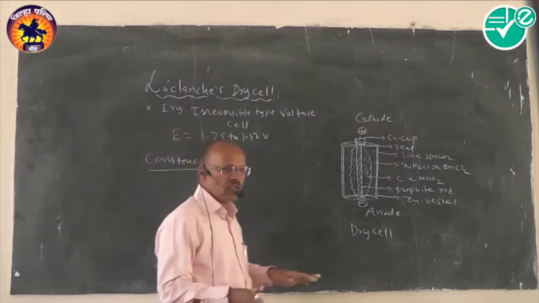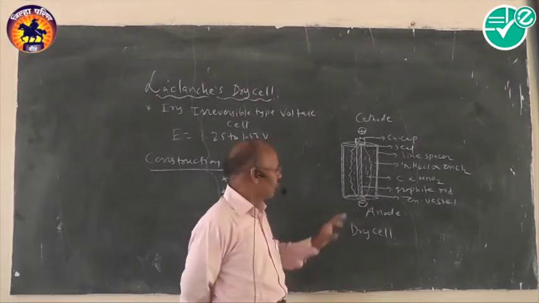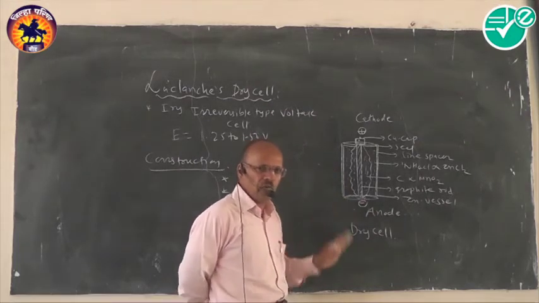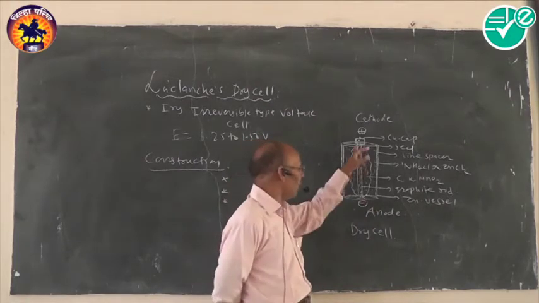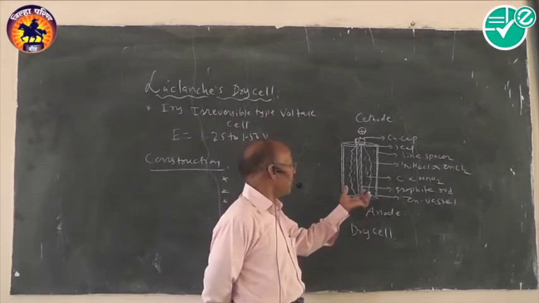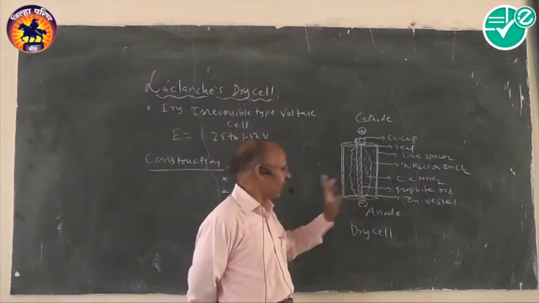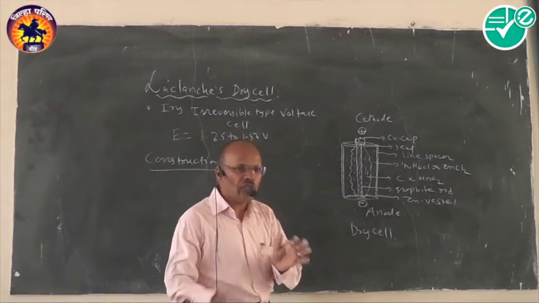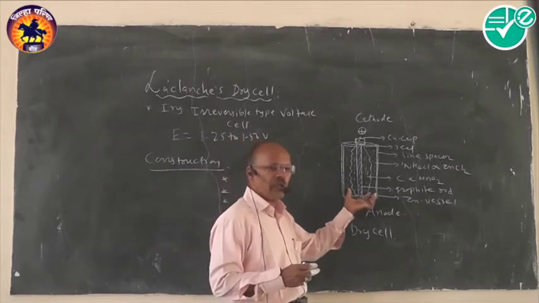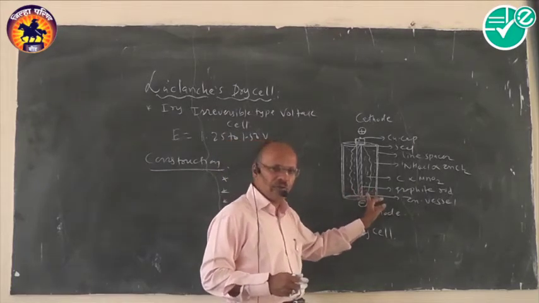All these construction points once again. It consists of a cylindrical zinc vessel in which a graphite rod is placed vertically at the middle portion. Around this graphite rod, we place carbon and manganese dioxide powder. It is separated by a porous partition, paper, to avoid mixing of these two components.